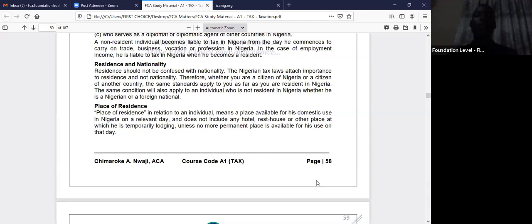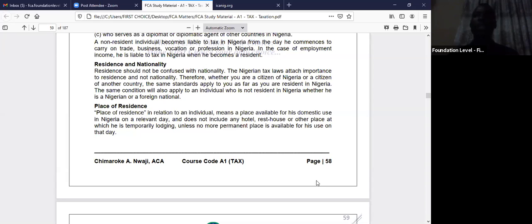And so any place that is available to you for your domestic use on a relevant day, as at January 1, where do you call your permanent place of residence? That is your place of residence.